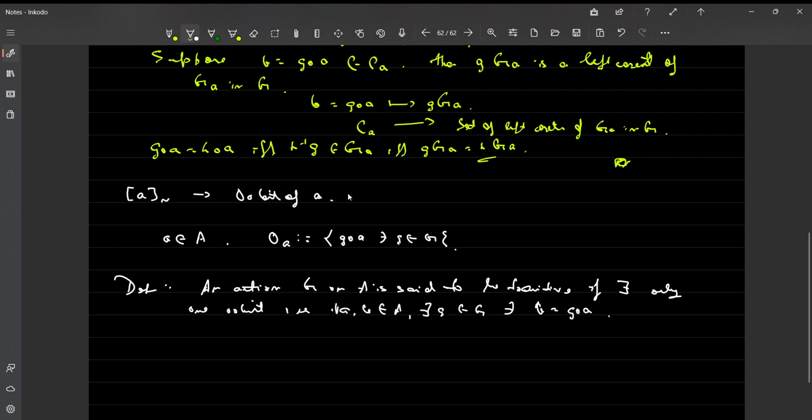That is, for all a, b in capital A, there exists a g in G such that b can be written as g of A. That is the other way of saying it.